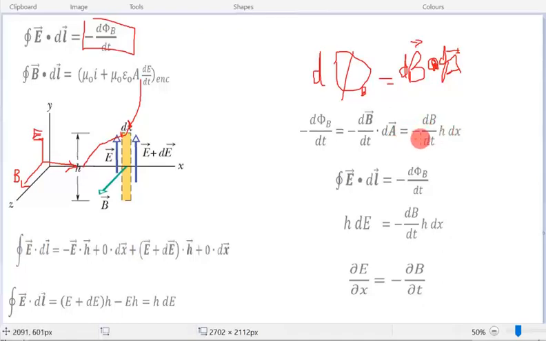I think we can cancel this d here. So h times dx. That's what we get for this side. What it means is that the whole of this right hand side can be expressed this way.